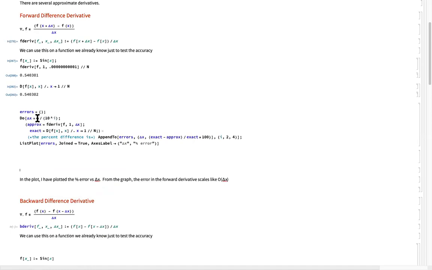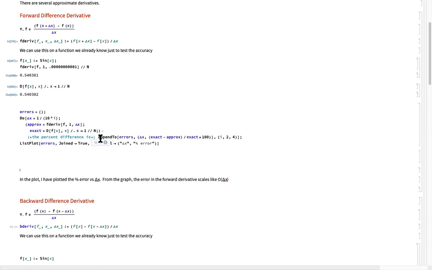So you can make delta x get smaller and smaller, and we're going to evaluate the forward difference derivative on the function and compare that to the exact derivative, using Mathematica's tools.